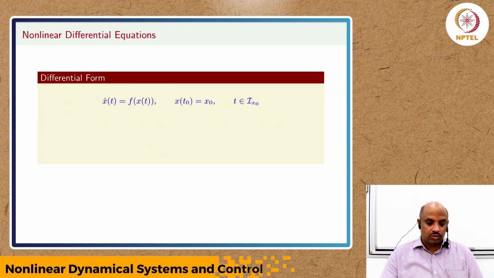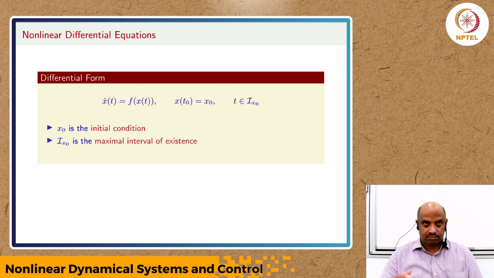So what we'll do now is basically look at this differential equation and rewrite it as an integral equation, but let's put some notation here. So x dot equals f of x of t with initial condition x of t 0 equal to x 0. For what values of t is this differential equation going to be valid?